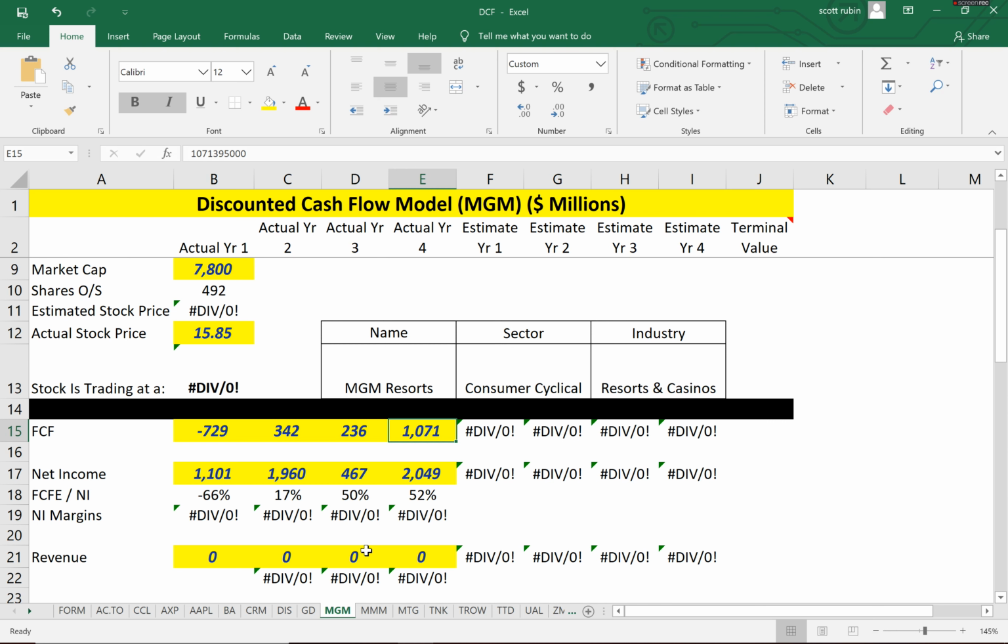So it can be a little lumpy, because if you made a big cash expenditure one year, that might drag down your free cash flow, where on the income statement it's depreciated, that asset, so it won't be as lumpy as free cash flow.